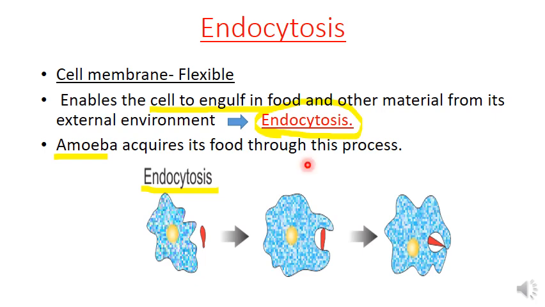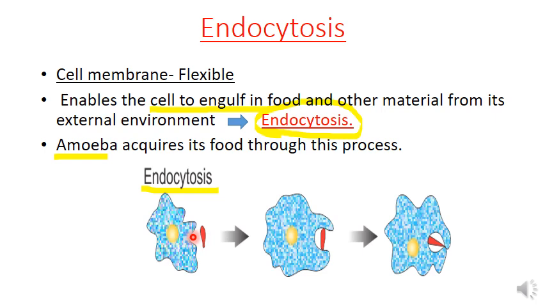Here in red color you can see the food material, and this blue color is the cell of amoeba, and inside in yellow color you can find the nucleus.